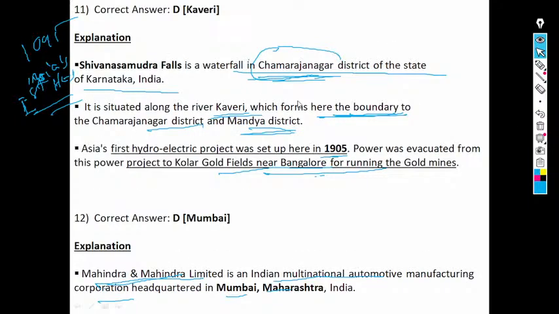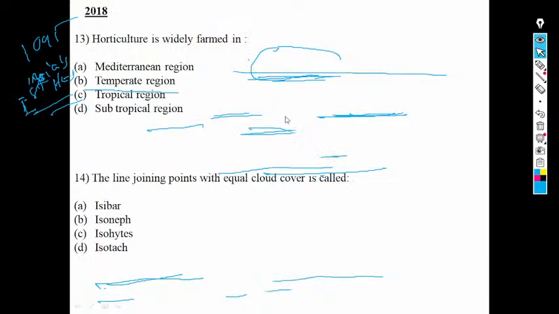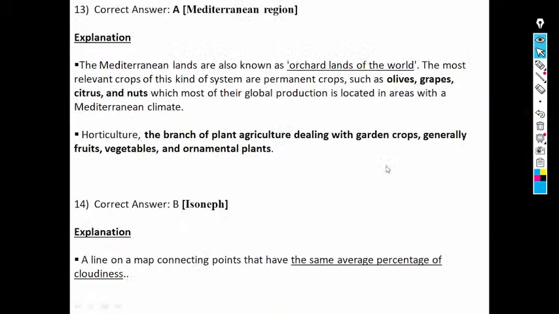Next, we'll come to the 2019 question. Other than environment, here it is 12 questions, more than 12 means a major part. Next, horticulture is a 2018 question. This is also very interesting.